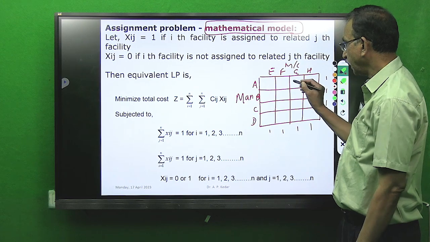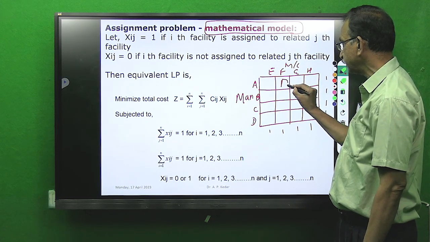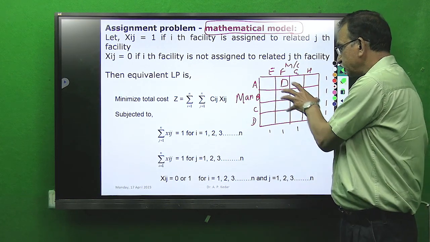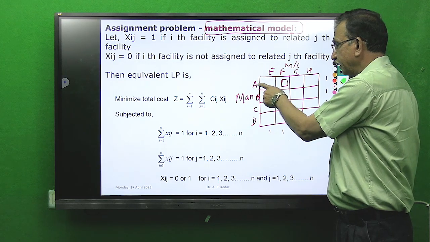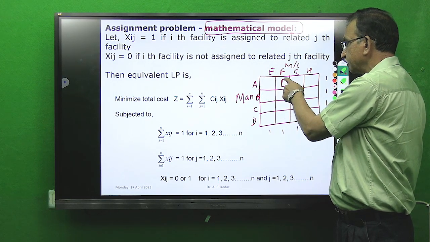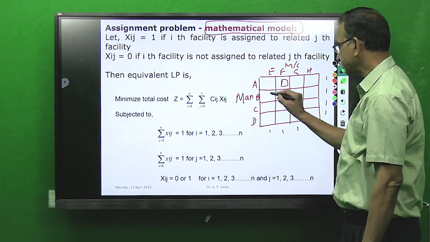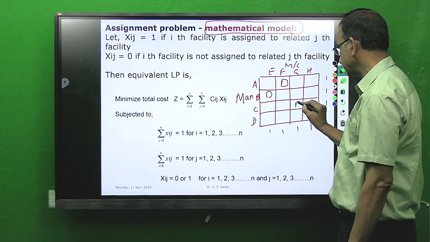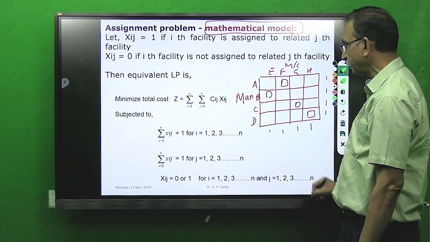And suppose I assign like this. The meaning of this is that this problem indicates that man A is assigned machine F. For understanding, I write it like this. Suppose this is the solution to the problem.